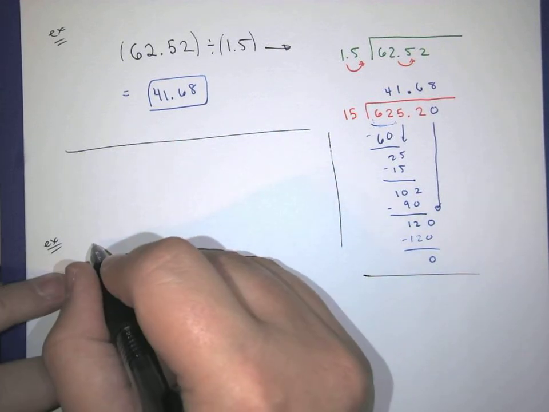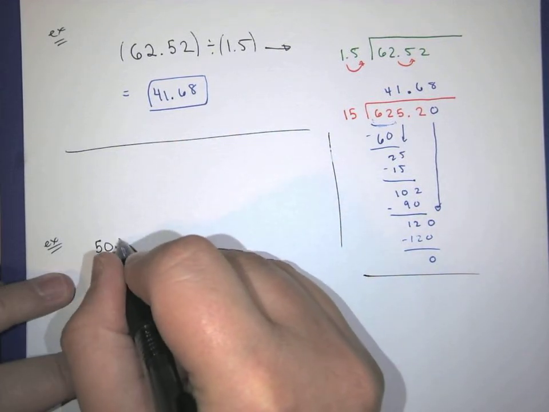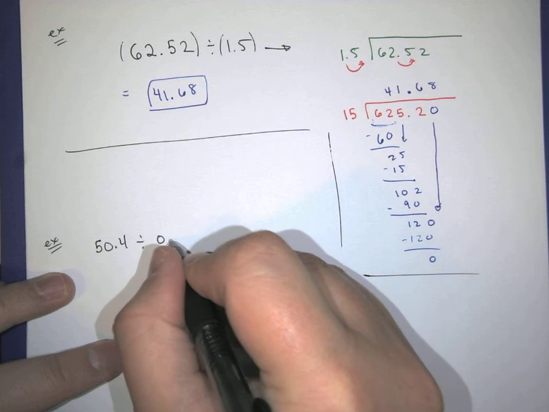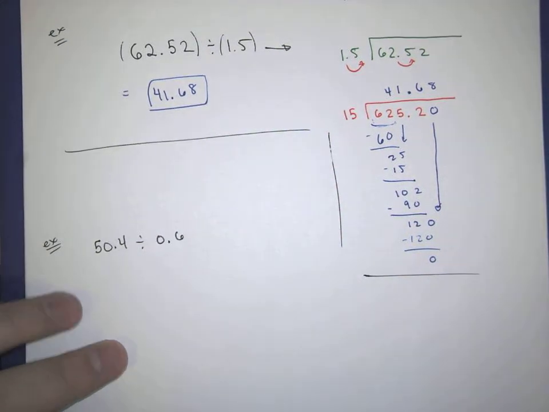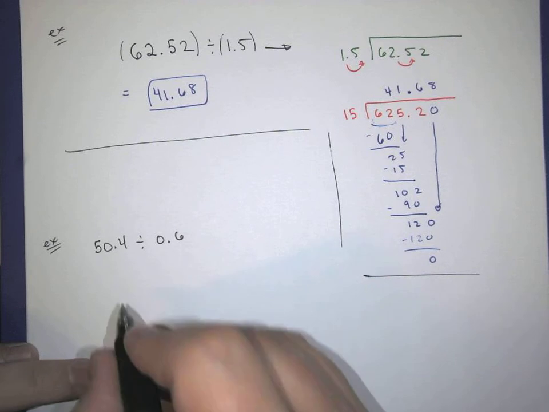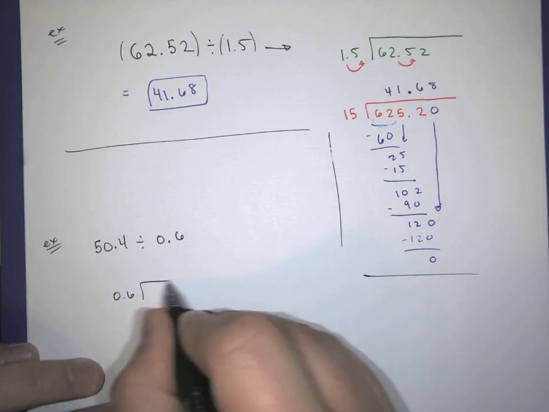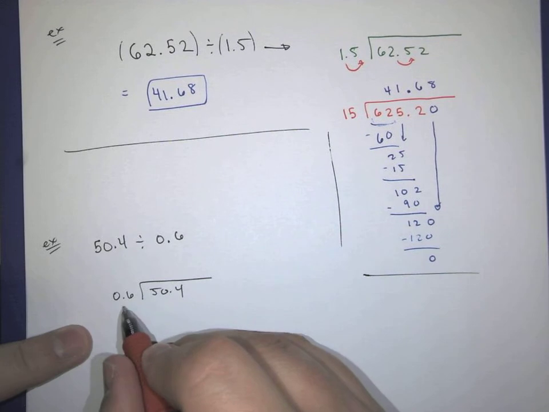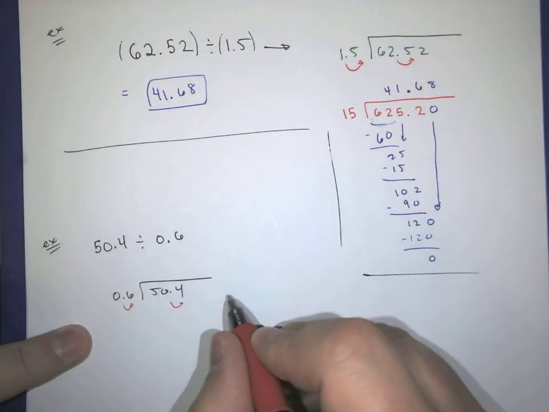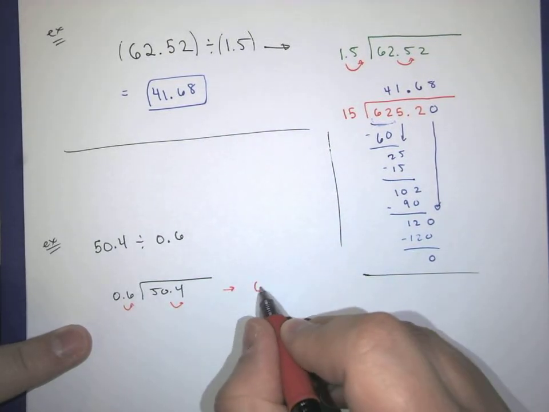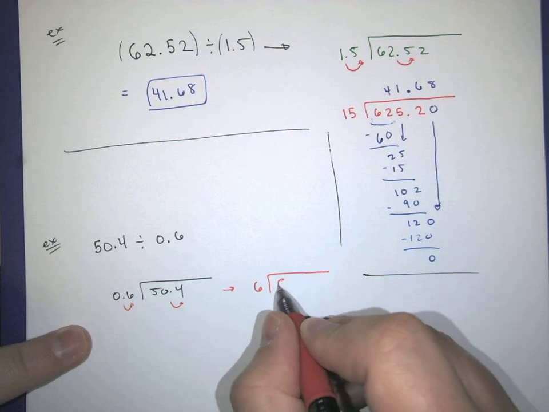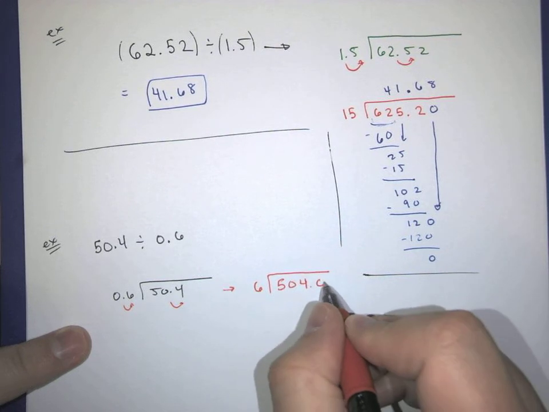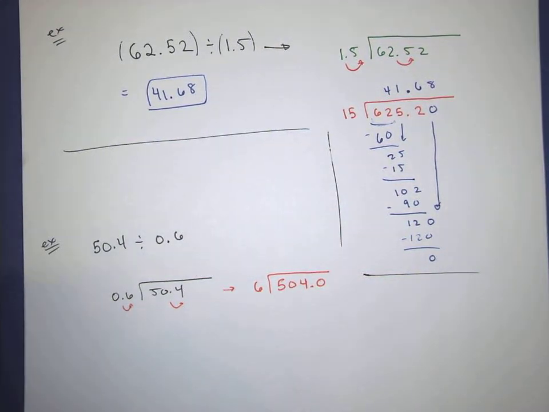But you could do something like 50.4 divided by 0.6 instead. That's going to look like 0.6, 50.4, but again, we're shifting everything over once. So this is really the same as a whole number 6 going into 504, and we'll throw a little 0.0 on there just to see if we need it.